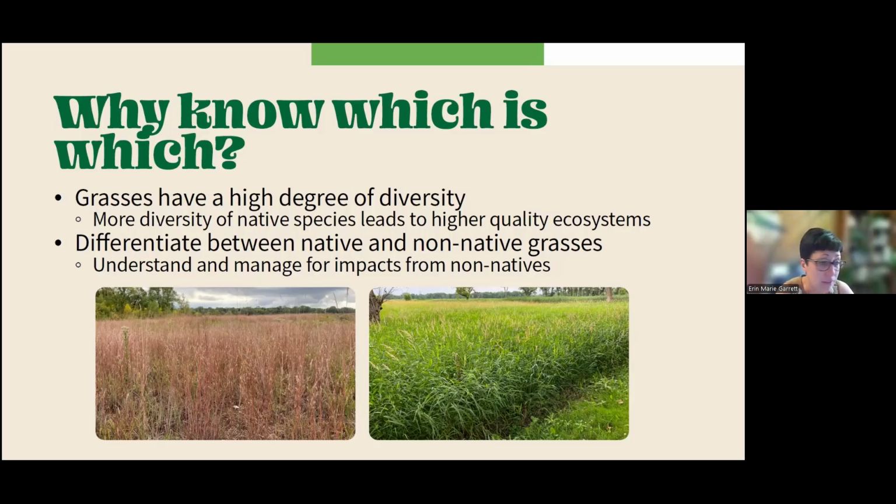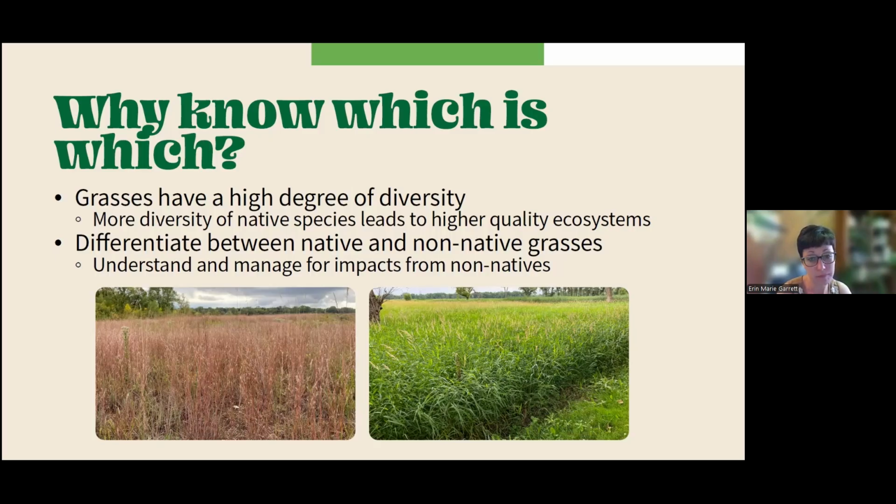And then for a lot of us, we're always going to have the lens of, for those that are in the management world, understanding and managing for impacts of non-native and invasive grasses. So I put these two pictures here, and if you're really good at your grass ID and you want to guess what's in each of these pictures, go for it, put it in the chat.